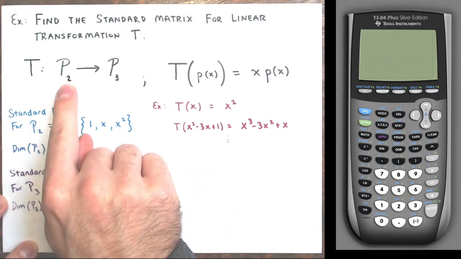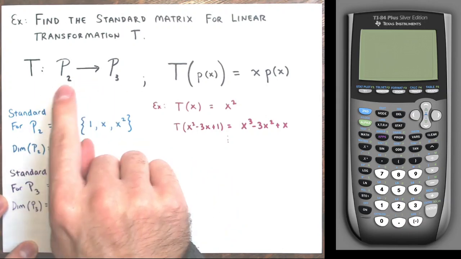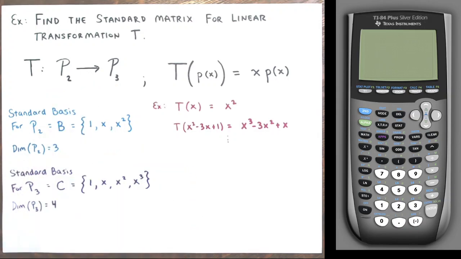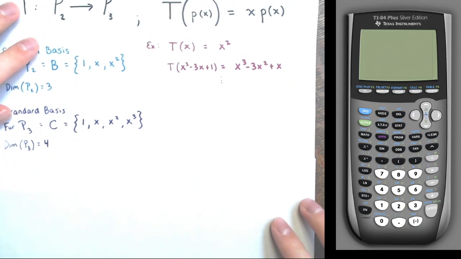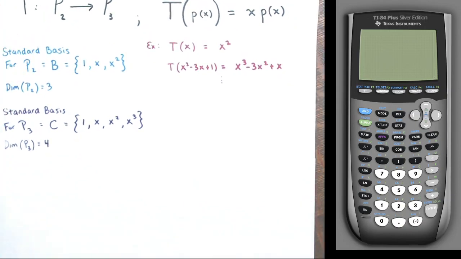This has dimension 3, this has dimension 4. So you're going to see me write this transformation as a representative of the transformation that looks like it's from R3 to R4. I'll start this on the next page. So here we're going to start making our coordinate vector representation of T.